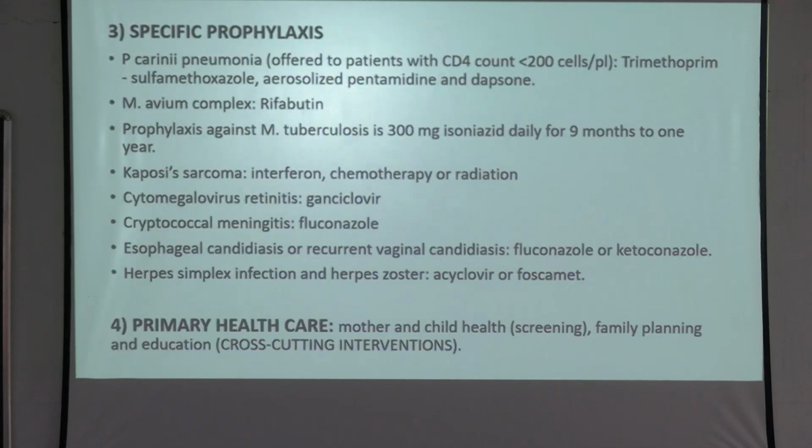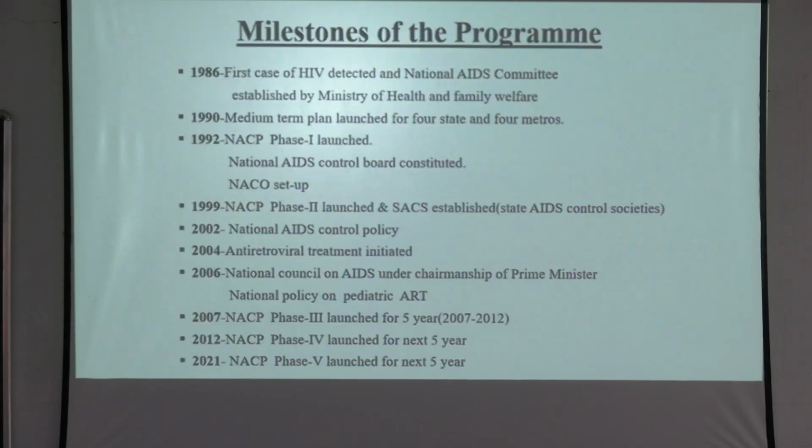Okay. Now coming to the program, that is NACP, the National AIDS Control Program. When it was first launched, I already told you, in 1984 to 1986, one prominent female scientist first identified HIV. Has anybody searched the internet? What is her name?